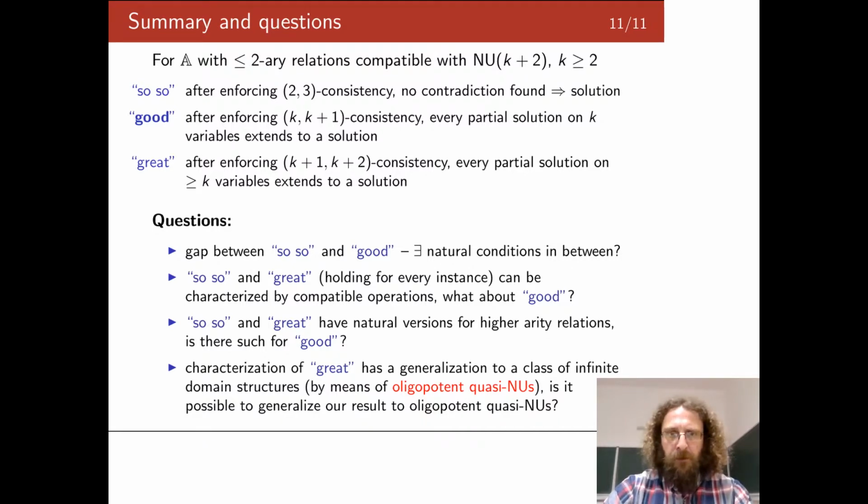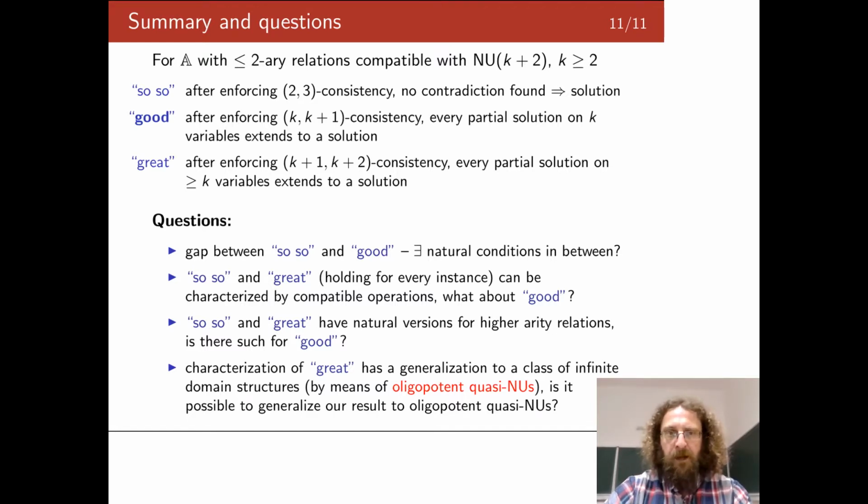If we enforce a lot more, the (k, k+1)-consistency, then every partial solution on k variables extends to a solution. This is the sensitivity property. If we enforce even slightly more, namely the (k+1, k+2)-consistency, then every partial solution on at least k variables extends to a solution.